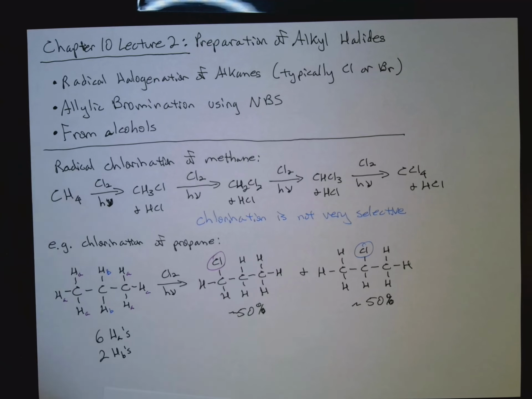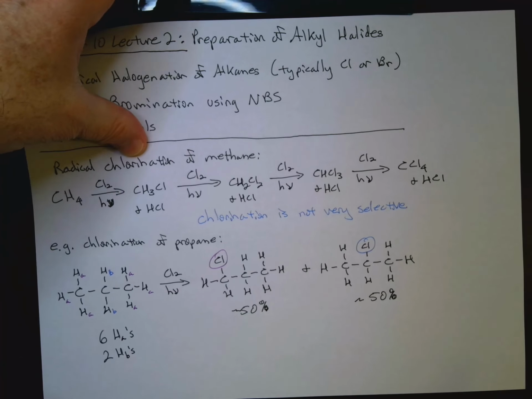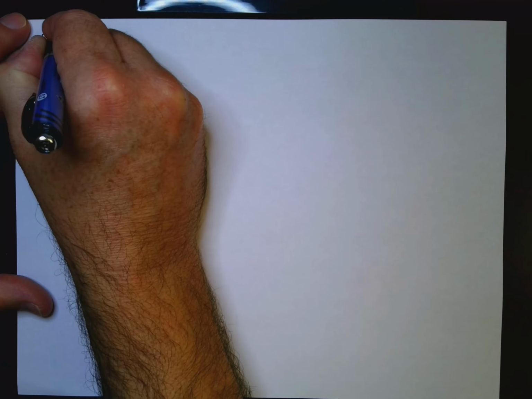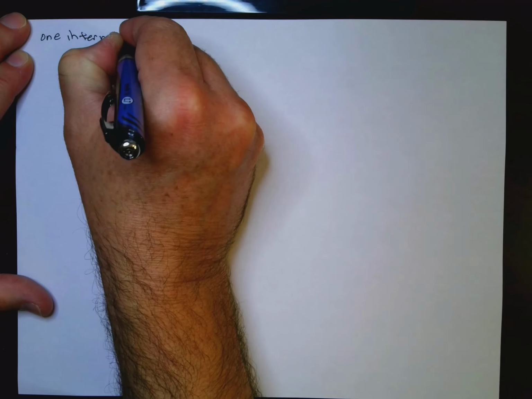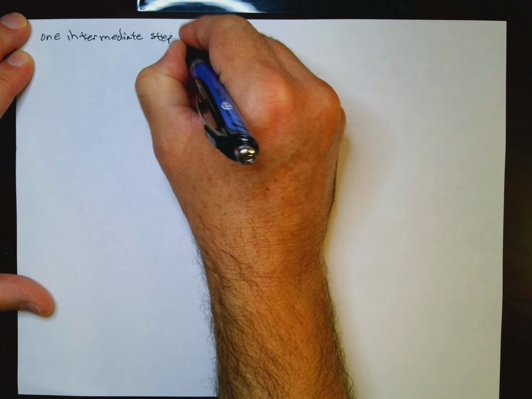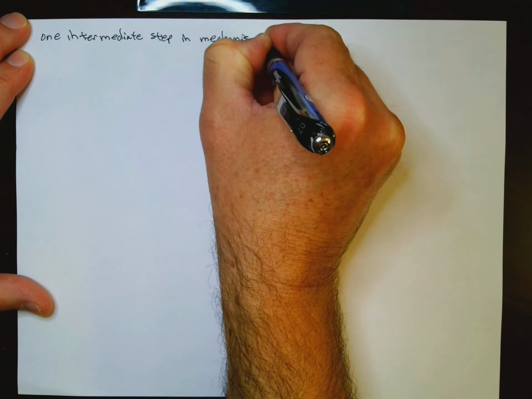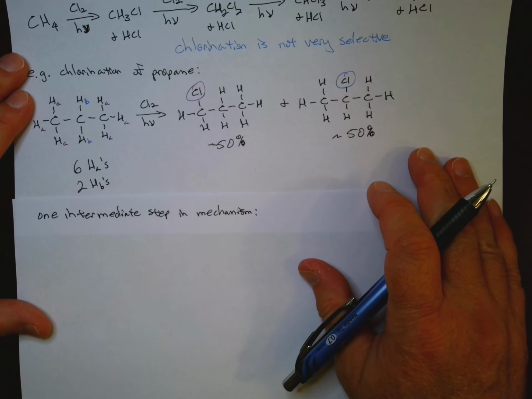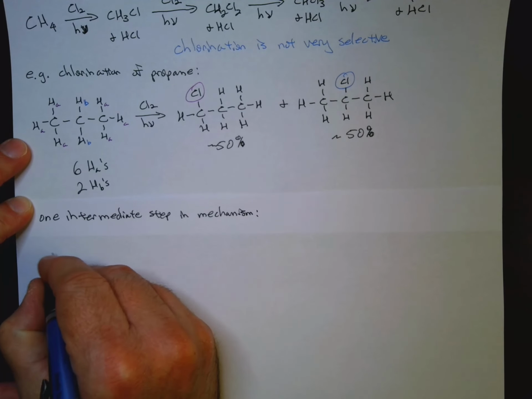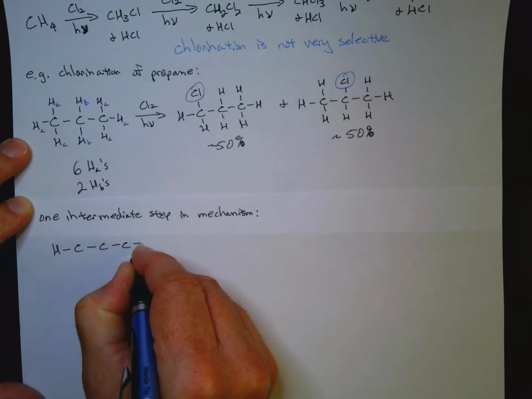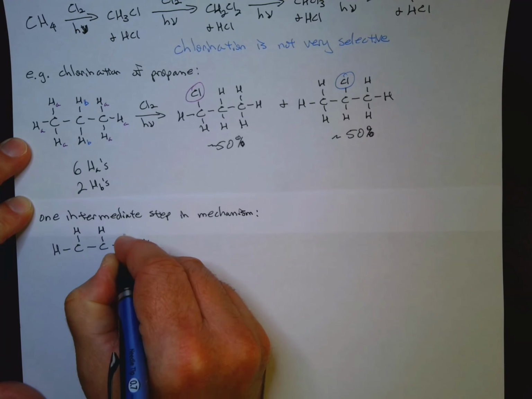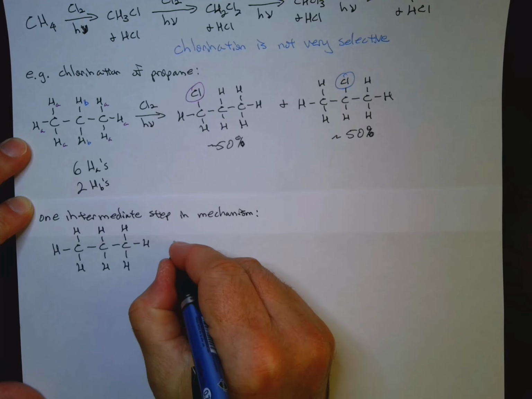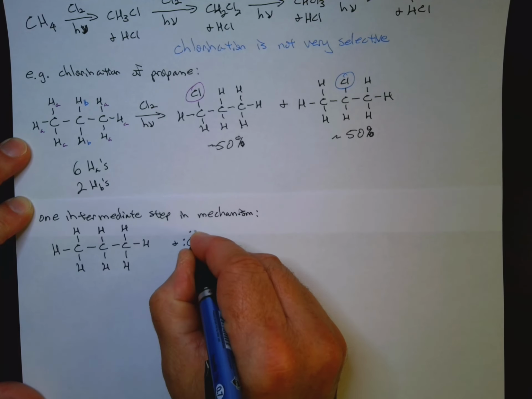You can go back and check in chapter 6, where I talked about initiation, propagation, etc. One of the intermediate steps in the mechanism involves propane plus Cl dot.